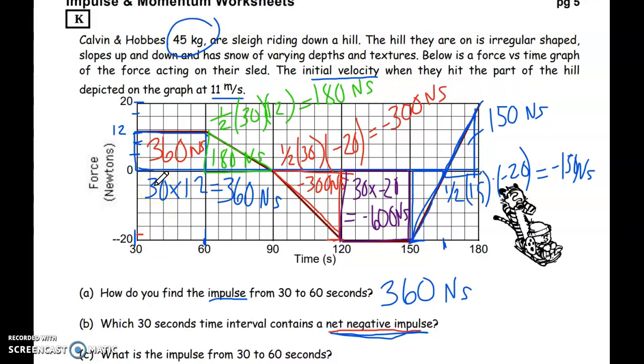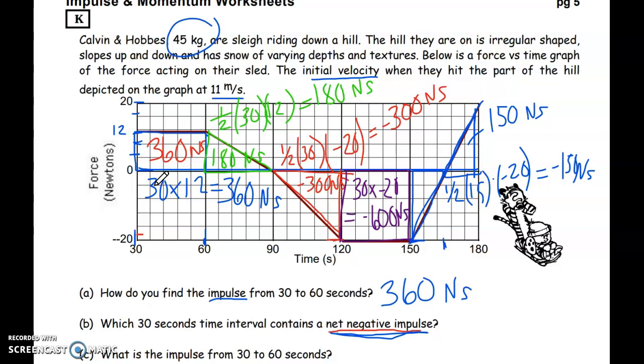First, you start with your calculator. So if you plug into your calculator 360 plus 180, you know that the net impulse from 30 seconds to 60 seconds to 90 seconds, those first two areas, is 540. That's positive, so we're not net negative yet. Then our next part was the negative 300, so subtract 300. Well, that still gives us a positive 240, so we're not net negative yet.